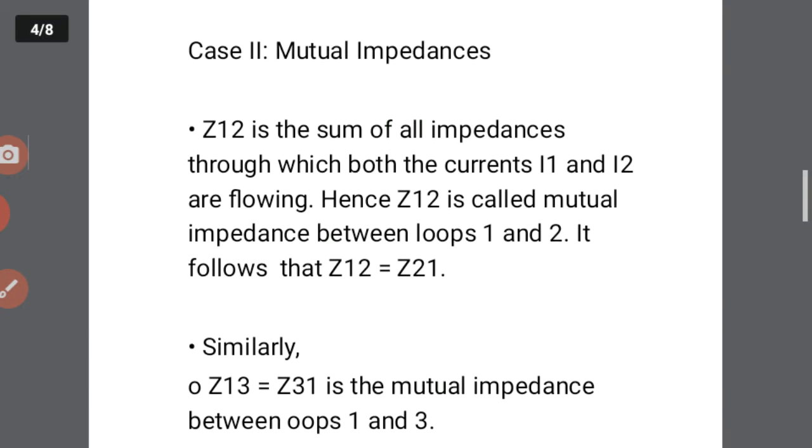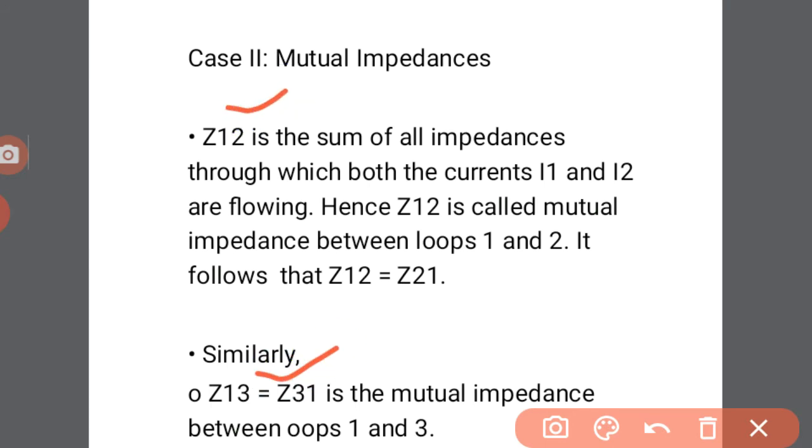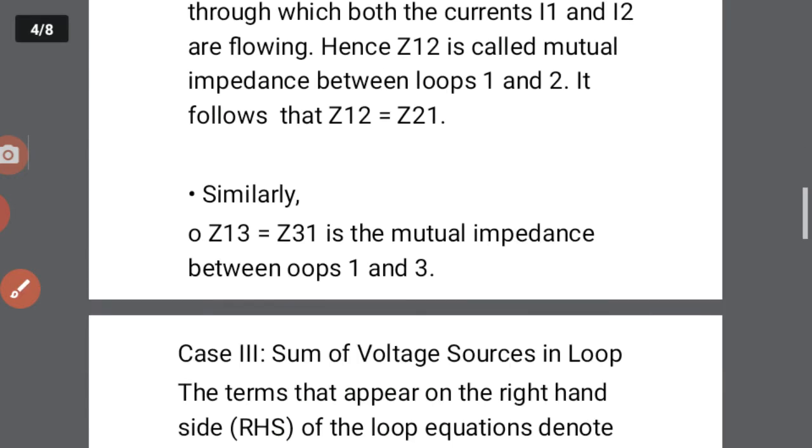Is it clear? Mutual impedance means an impedance in between the loops, through which two currents flow. That is, for loop 1 and loop 2 it is Z12, and for loop 1 and loop 3 it is Z13, equal to Z31. That is the mutual impedances.